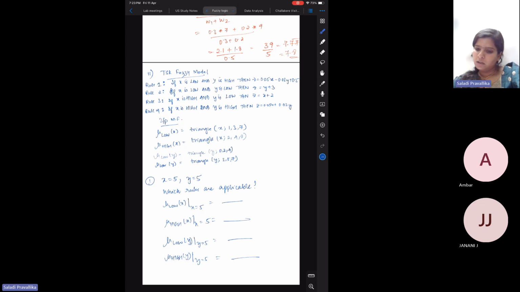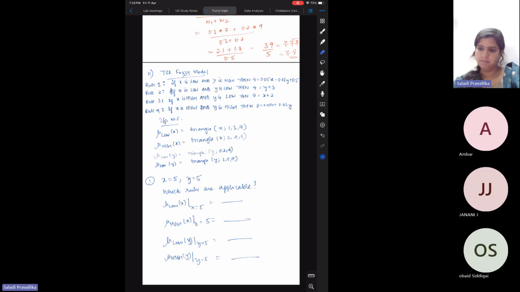So, Janani, usually it will be mentioned in the question to follow which composition. So it's either max min or max product. In the question itself, it will always be given.